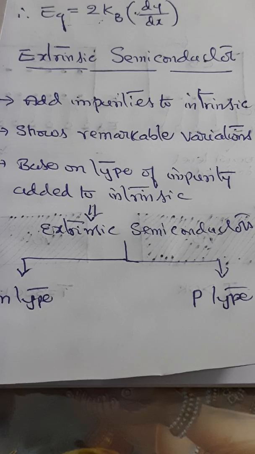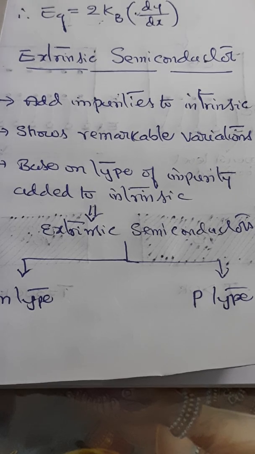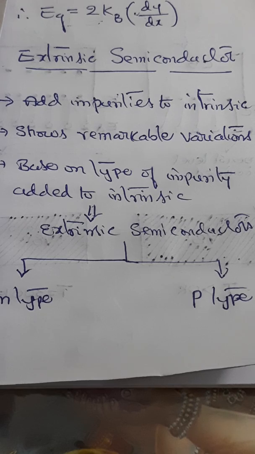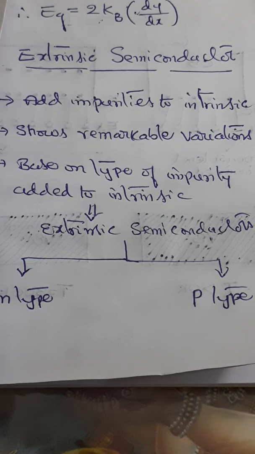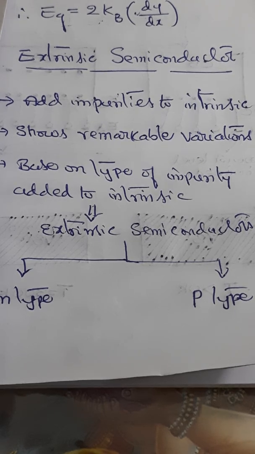In semiconductors, we shall try to understand extrinsic semiconductors in the current session. As told to you earlier, a pure semiconductor is what is known as an intrinsic semiconductor. But when you make a pure semiconductor into an impure semiconductor, then it becomes an extrinsic semiconductor.